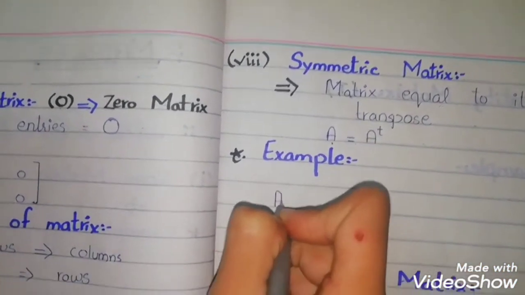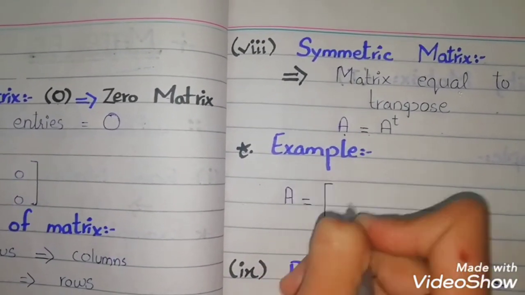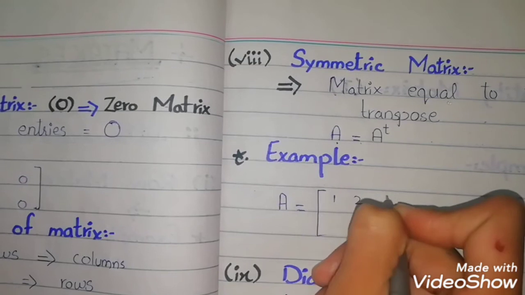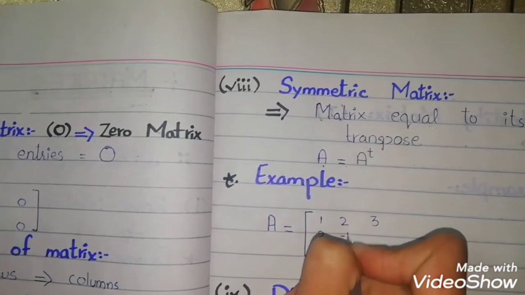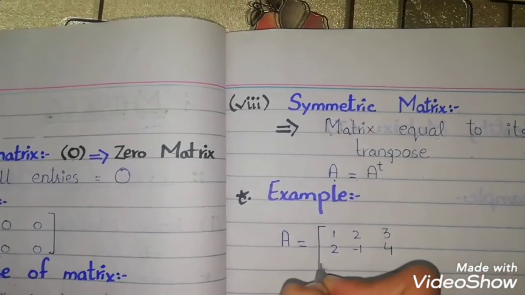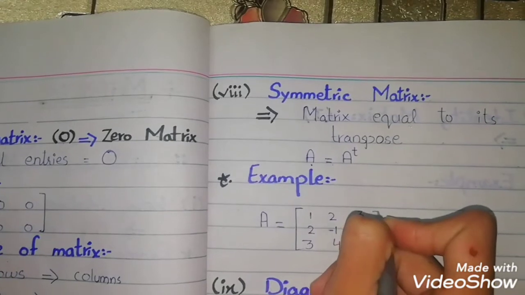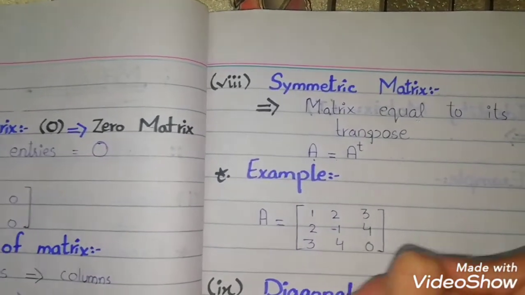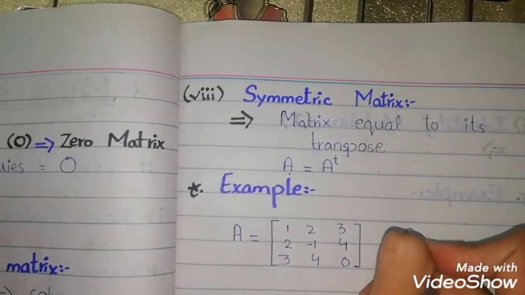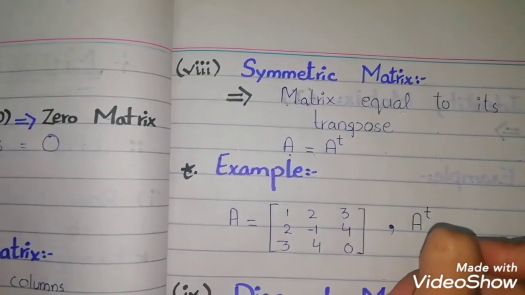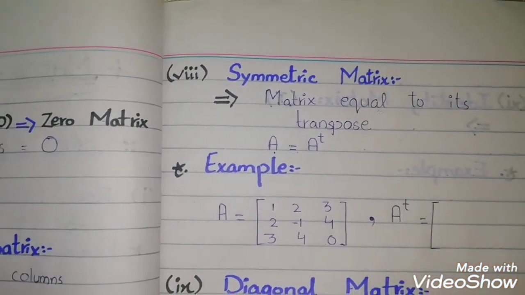Let me write an example. A is equal to [1, 2, 3; 2, -1, 4; 3, 4, 0]. If we take transpose A^T, rows into column and column into rows.